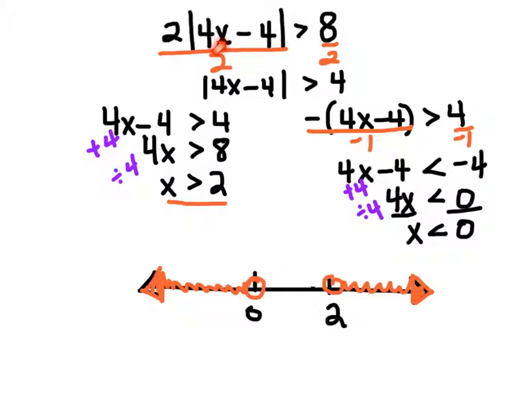If I plug 1 in here, I get 4 times 1 is 4 minus 4, that's 0. 2 times 0 is 0. 0 greater than 8? Nope, it's not. That's why this section in here is not highlighted by the orange. None of these numbers in here would work in this equation. These would all work in this equation.